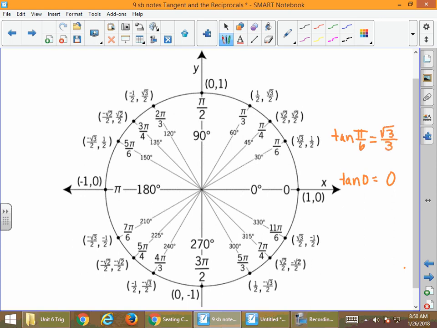Once again, 3 plus 3 is 6. The tangent of pi over 4, and you can look up at your chart, is 1. The tangent of pi over 3 is going to be the square root of 3. And the tangent at our quadrantal angle pi over 2 is undefined. I'll probably have to abbreviate that.